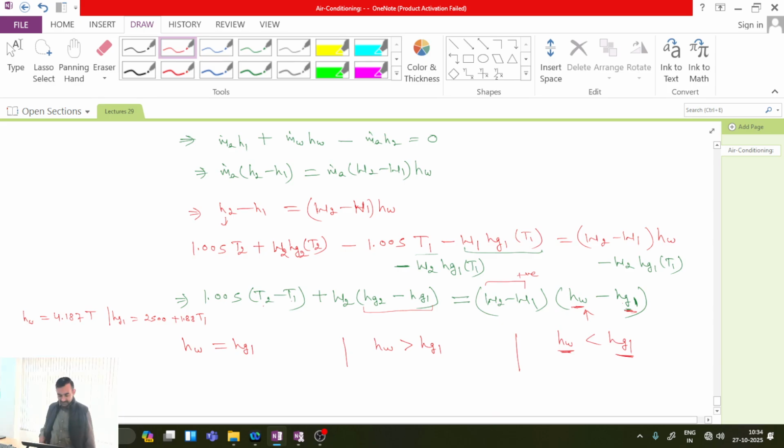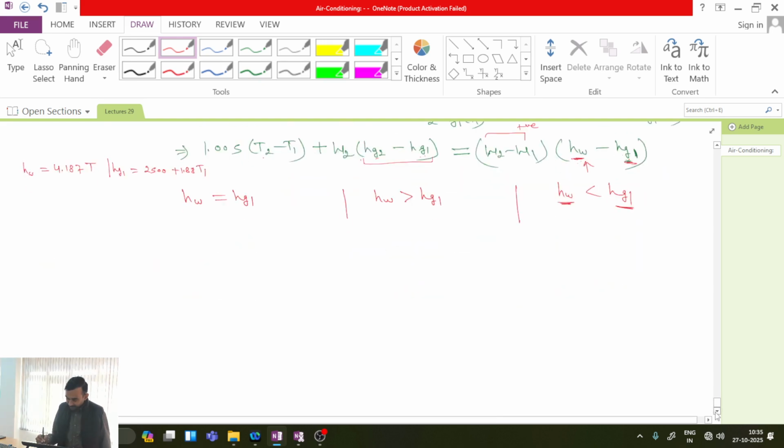Okay. And if I have this situation, HW is equal to Hg, then this whole will be equal to 0. Right hand side will be 0, because this amount will be negligible in comparison to Hg2 and Hg1. So this T2 and T1 will be almost the same.